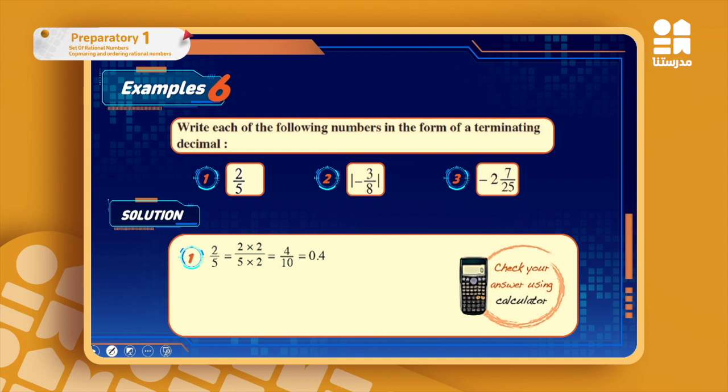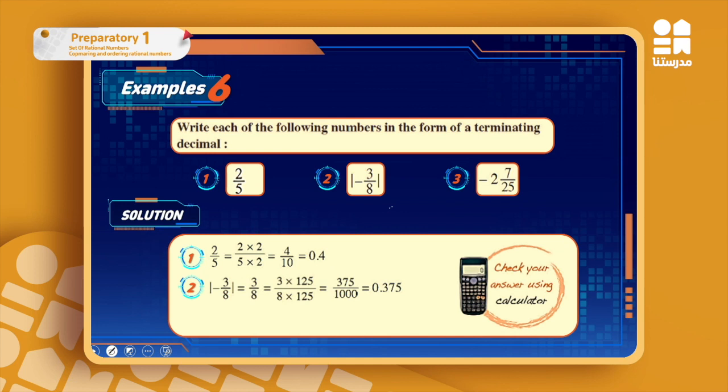The second one, negative 3 over 8, the absolute value of negative 3 over 8. Let me remind you, what does the absolute value mean? It means get this number out of the absolute value without any sign. So it becomes 3 over 8. And as we know, 8, we can multiply it by 125 to be 1000.